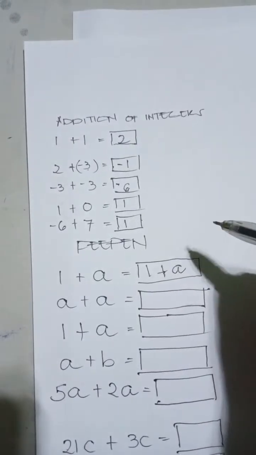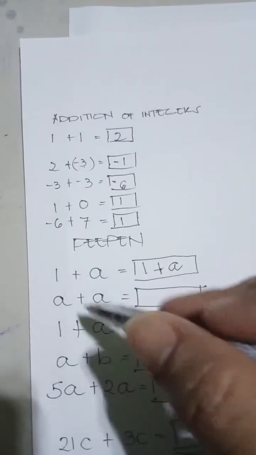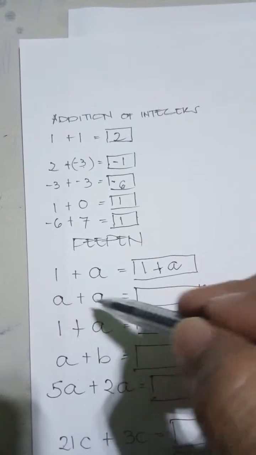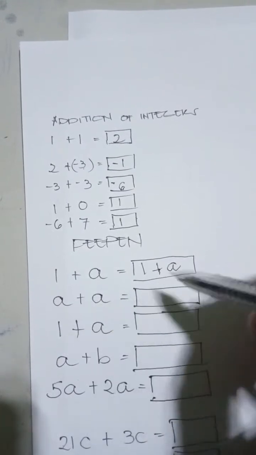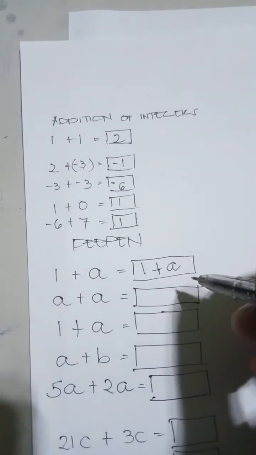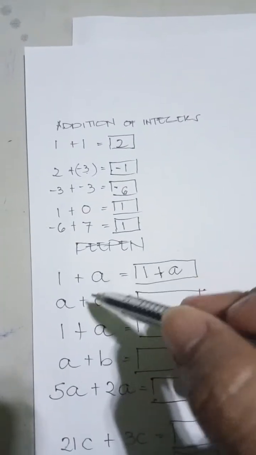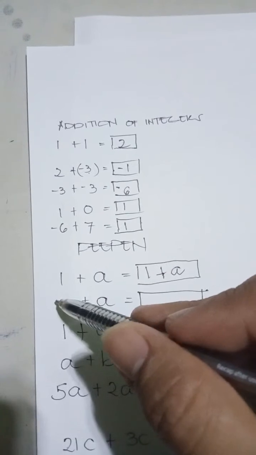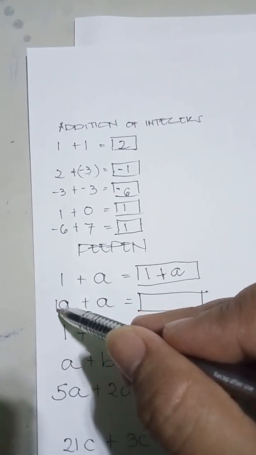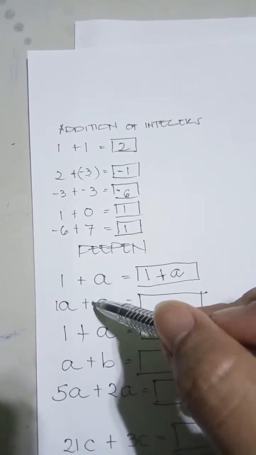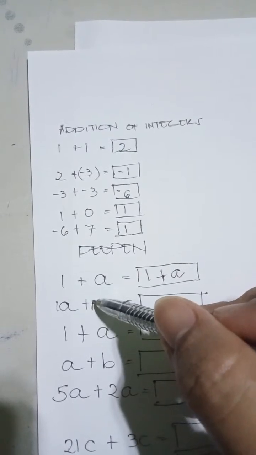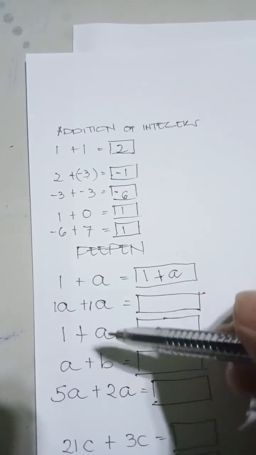Yeah. What about the other? As you notice, they are the same in terms of the letter or the variable. So you can add, because in this case we have an invisible one here. But in mathematics, we don't write that invisible one.